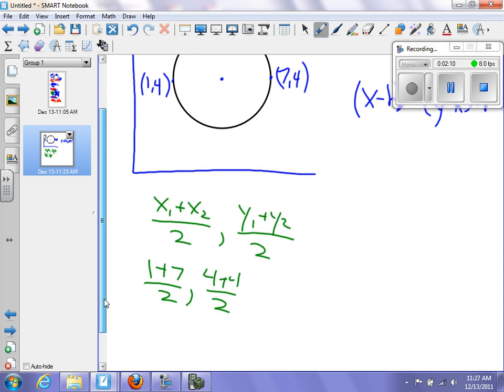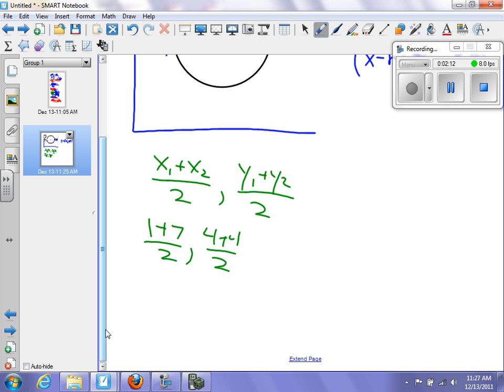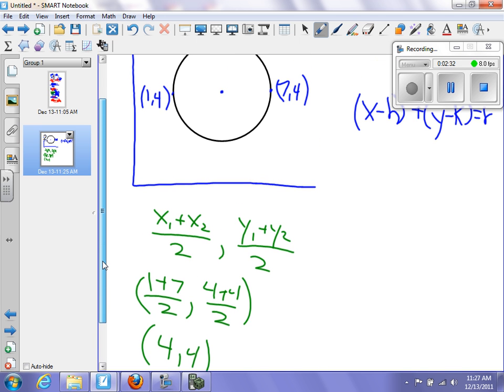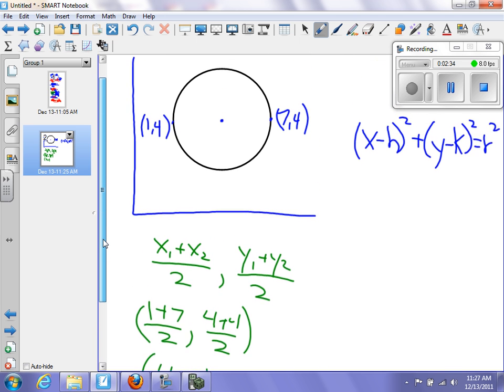So that's telling me that the center of my circle should be 4, 4, correct? 8 divided by 2 and 8 divided by 2. That should be the center of my circle. Did everybody see that? Yes, Charlie. Divided by 2 because that's the midpoint formula. That's right.